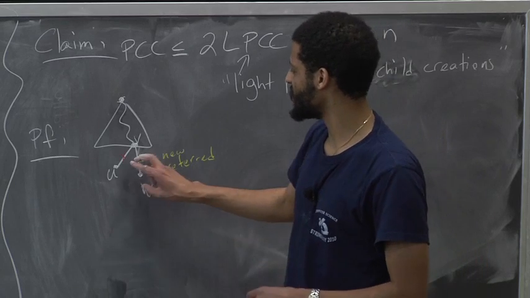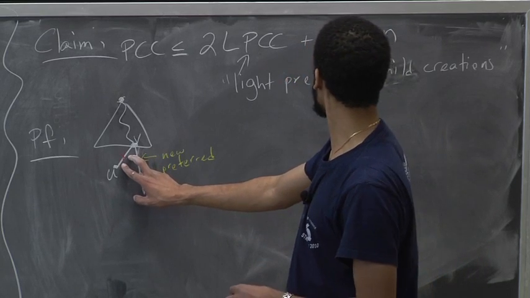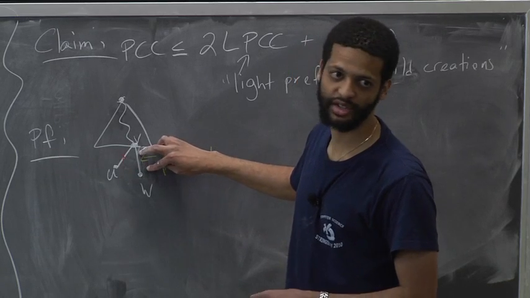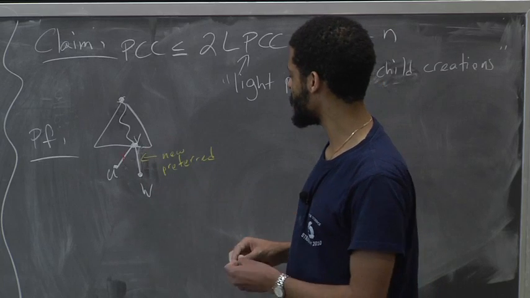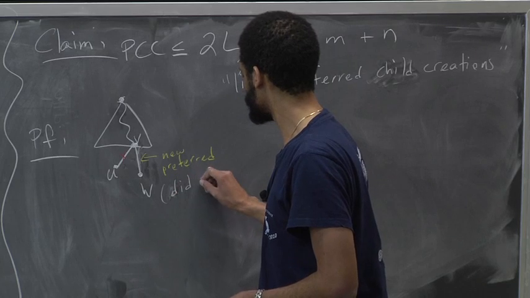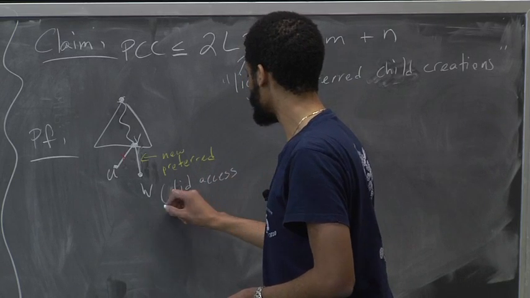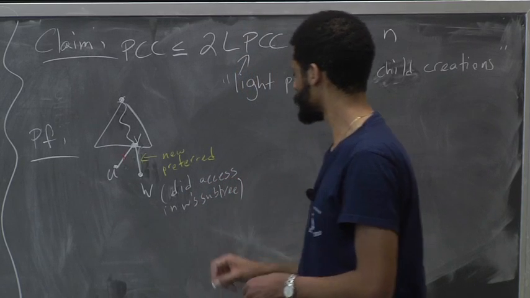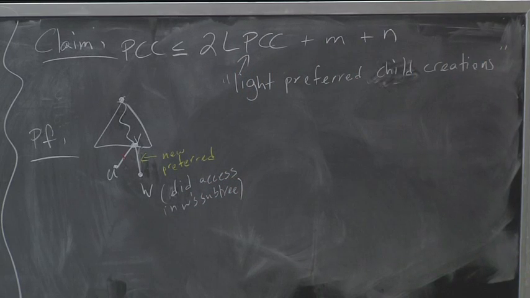So I'm saying that this was a preferred child destruction, and this was a preferred child creation when we did an access somewhere in W subtree. Right?